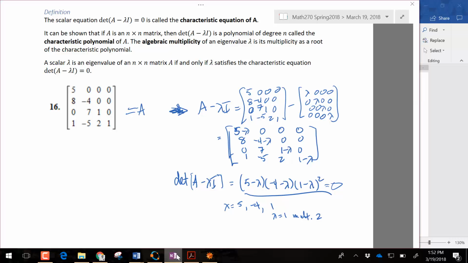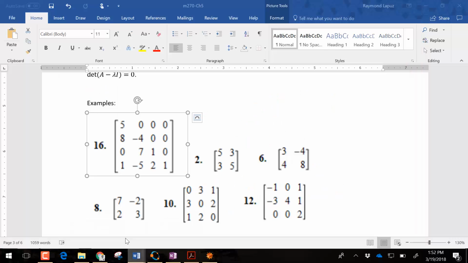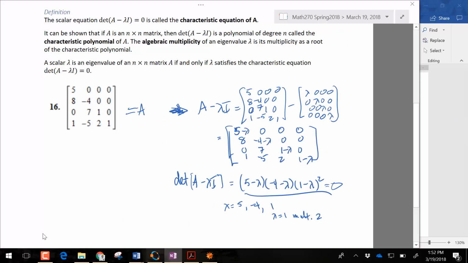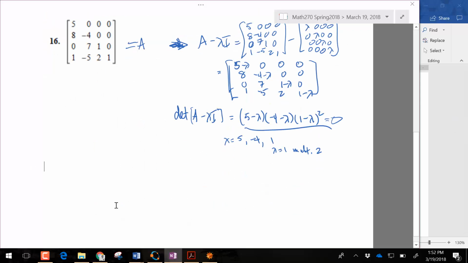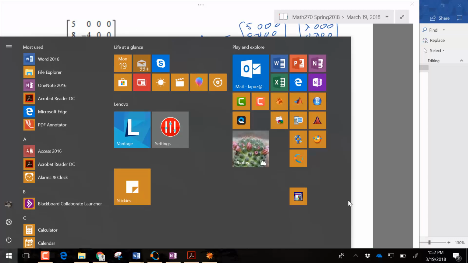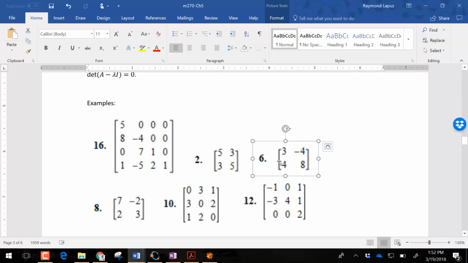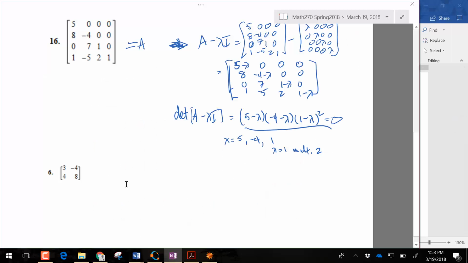All right, let's do another one that's not a triangular. Number 6 maybe. All right, 3, negative 4, 4, 8.